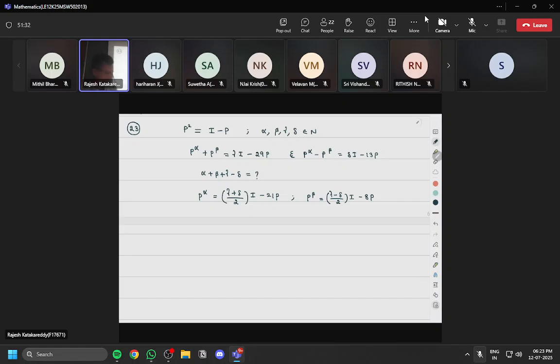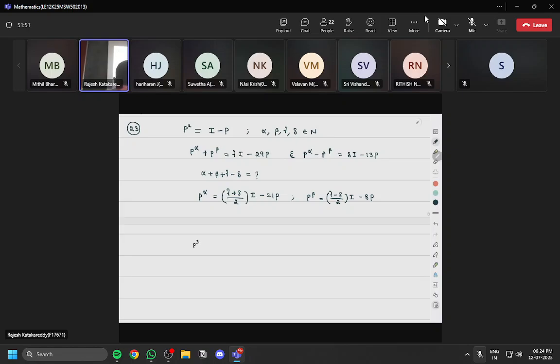Now what should I do? I am using this relation. There is no way I'll find P cube, P power 4. Maybe if somewhere I'm getting minus 21P or minus 8P, I'll compare with that. Clear? So now P square is given.